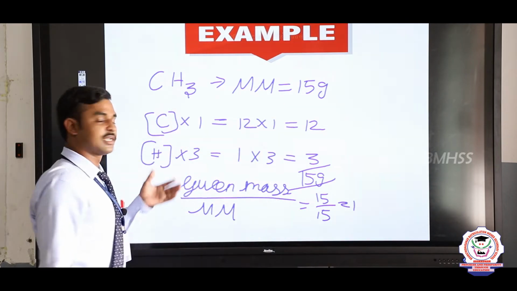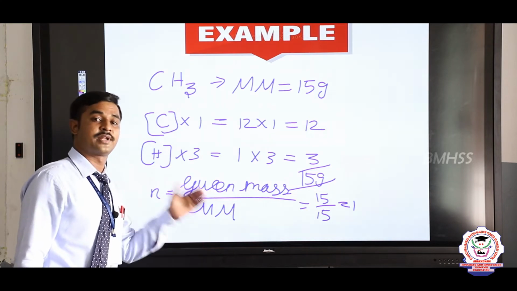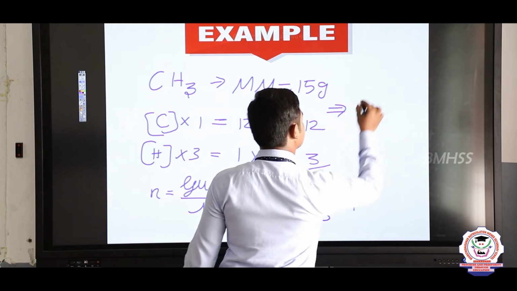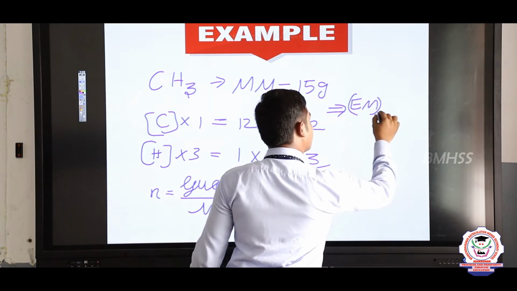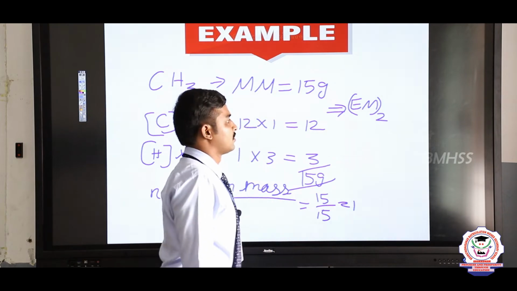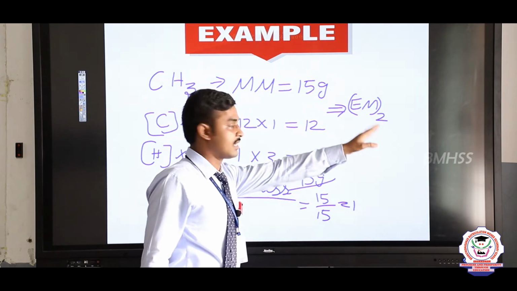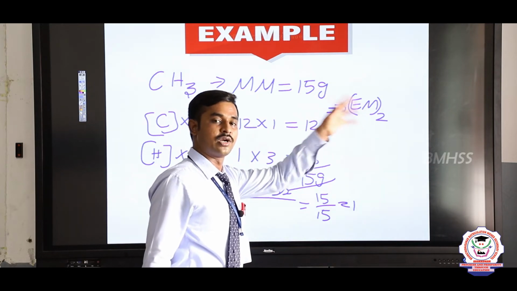From n we can find the molecular formula from the empirical formula. However many times n is, that is how many times the empirical formula is multiplied to form the molecular formula.